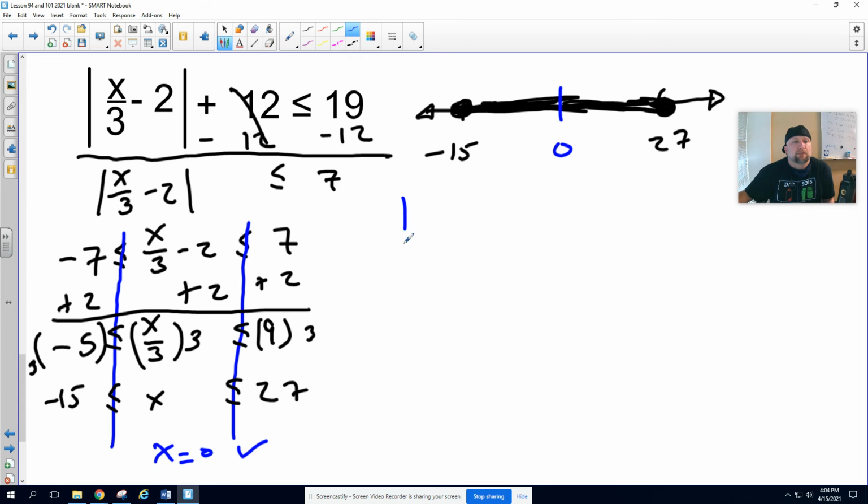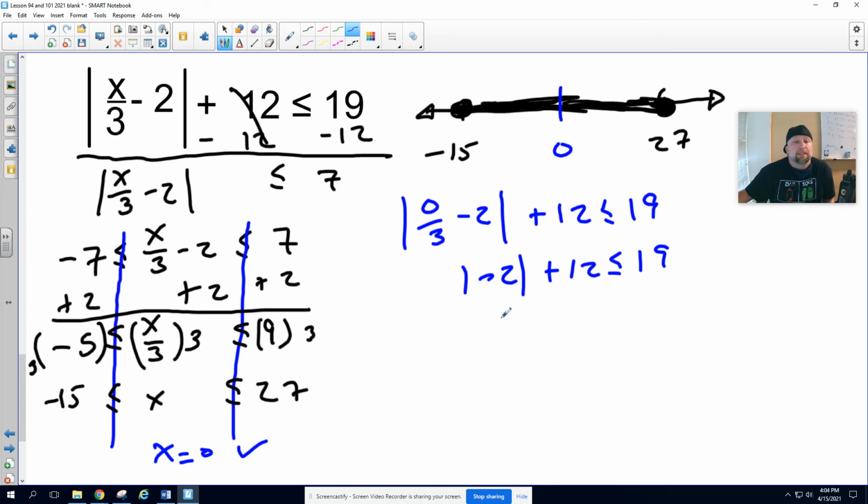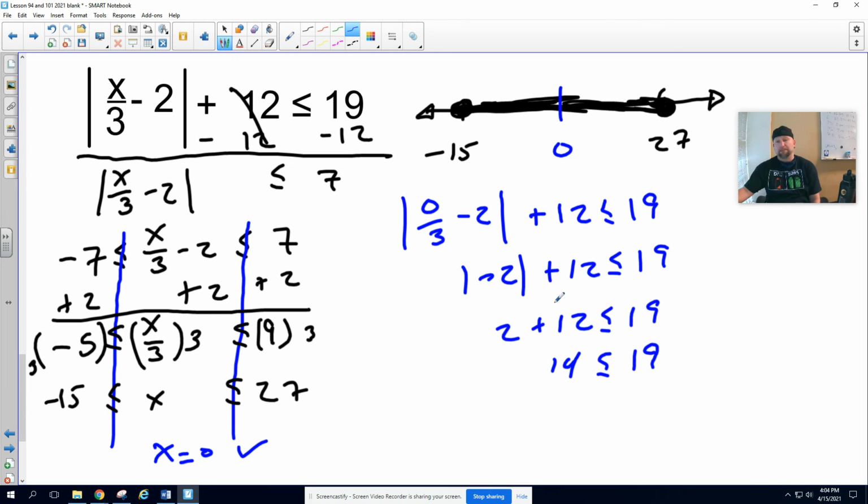So we need to make sure that the absolute value of 0 divided by 3 minus 2, plus 12, is less than or equal to 19. So that's the absolute value of negative 2, plus 12, less than or equal to 19. So 2 plus 12 is 14, which is less than or equal to 19. So that's true. So our graph is correct.